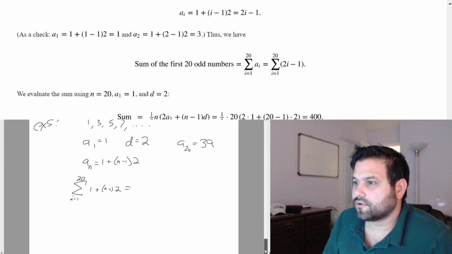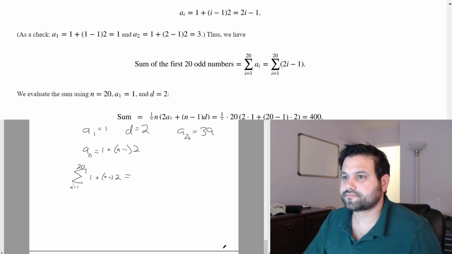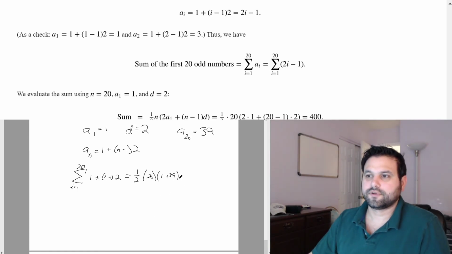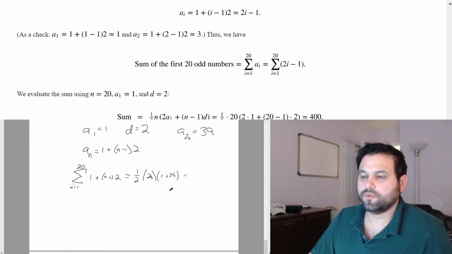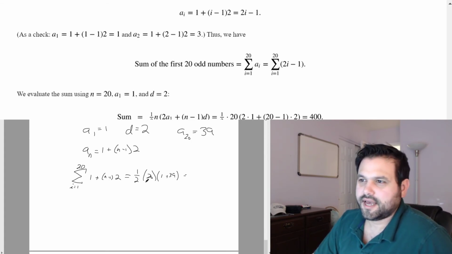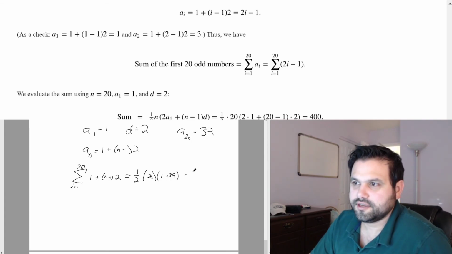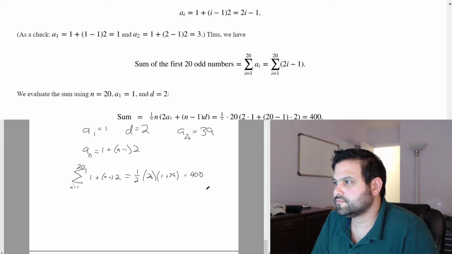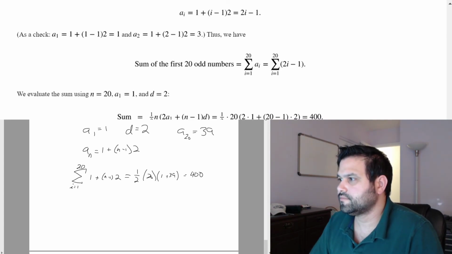And now we're going to plug into our formula. So we would have 1/2 times 20 times 1 plus 39. And so what would we get there? 1/2 times 20 is 10, times 40. It's 400. That's what we do.